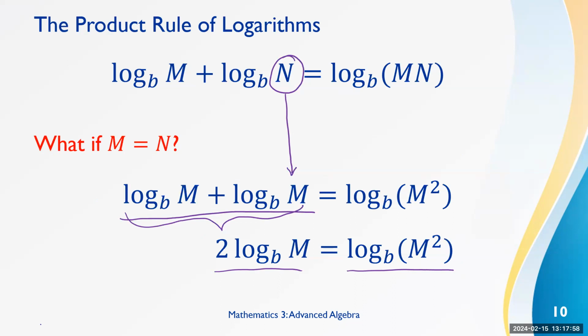If you notice here, the exponent doon sa loob ng argument, which is 2, essentially we are going to transfer this outside. So yung exponent na 2 pumunta dito sa labas. So this becomes 2 log base b of m.